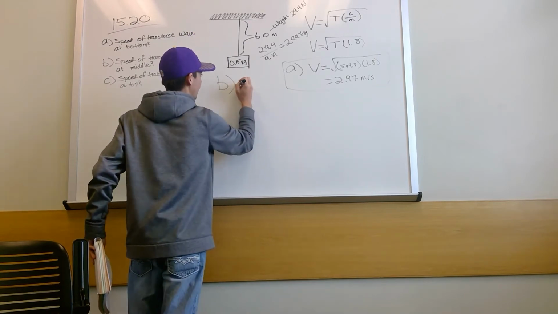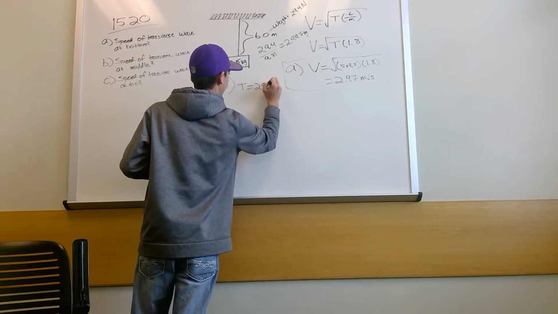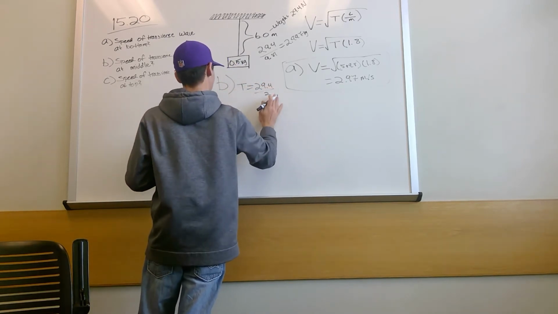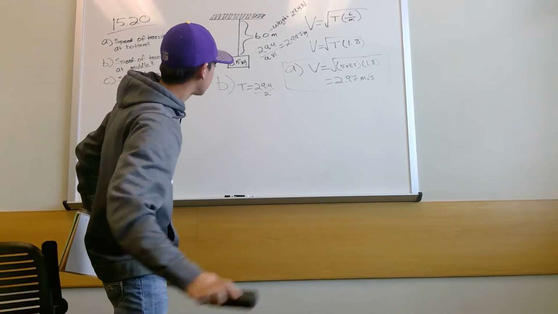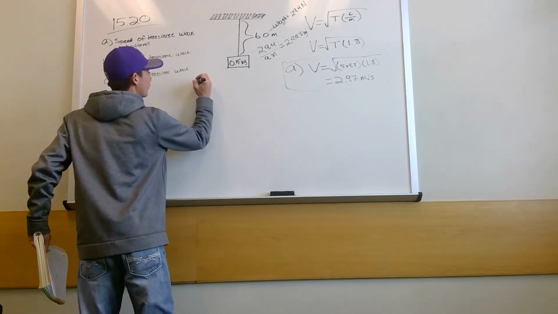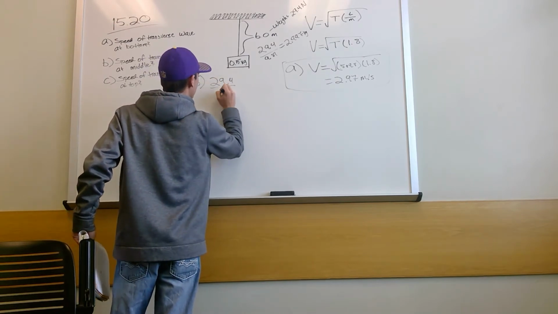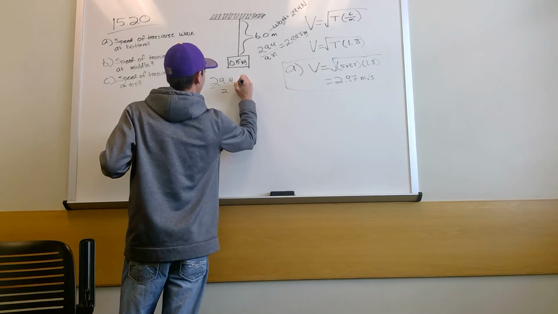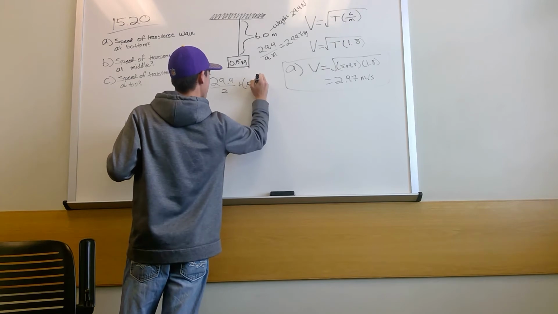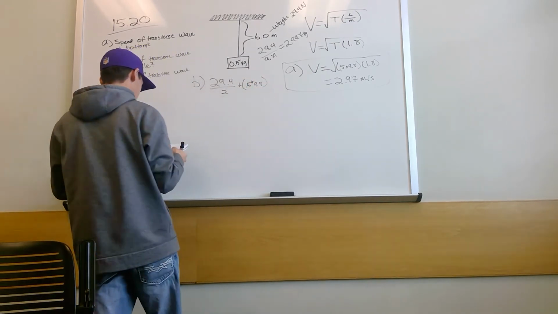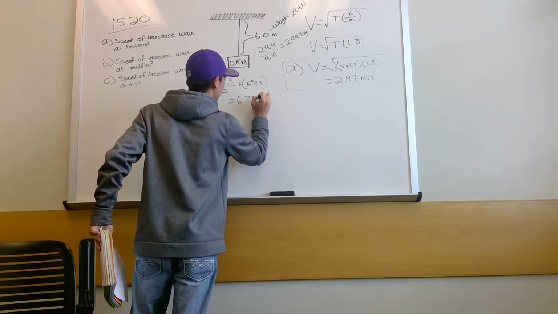So first we want to solve for our tension, and that T would be equal to 29.4 divided by 2, plus the mass at the bottom times gravity. It's going to be equal to our tension, which is going to be equal to 6.37 newtons.